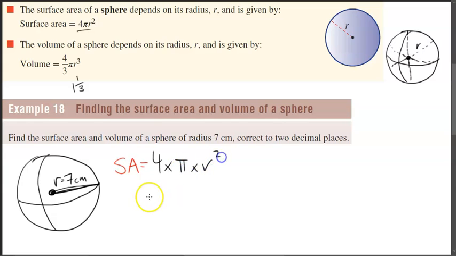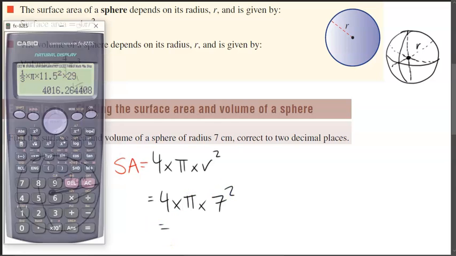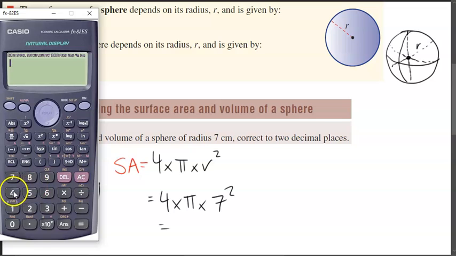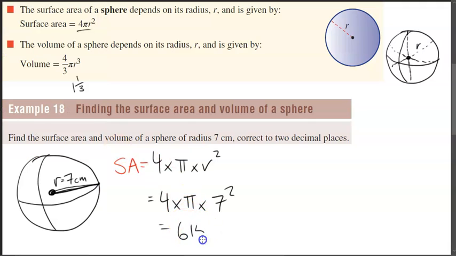If our radius is 7, we just put in 4 times pi times 7 squared. Simple as that. And this is, to 2 decimal places, 615.75. Put your unit, centimeters, and because we're talking about surface area, it's to the power of 2.